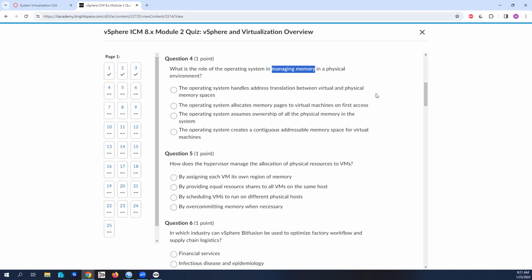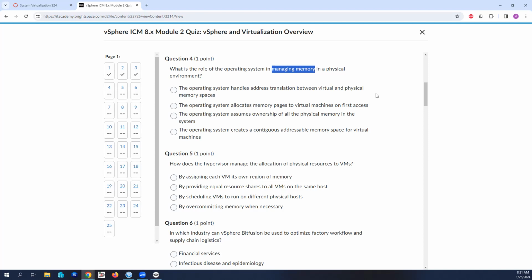The operating system handles address translation between virtual and physical memory spaces. The operating system allocates memory pages to virtual machines on the first access. That's about virtualization. That's not about physical. The operating system assumes ownership of all the physical memory in the system. The operating system creates a contiguous addressable memory space for virtual machines.